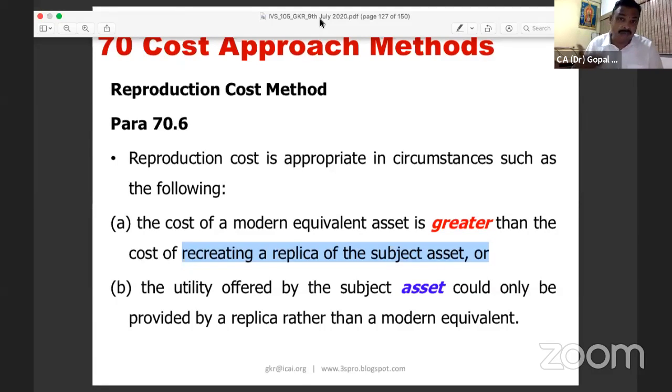So the possibility of a premium is also there. But how much? It all depends upon various other factors, business factors, economic factors. And one of the considerations for premium or discount is that economic consideration should also be done. That is also given here.